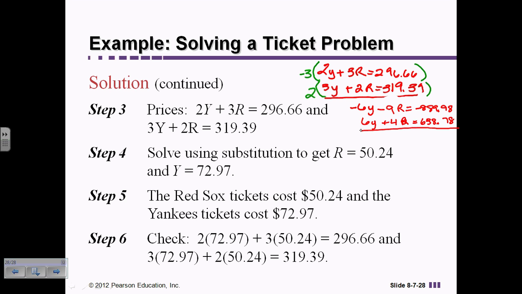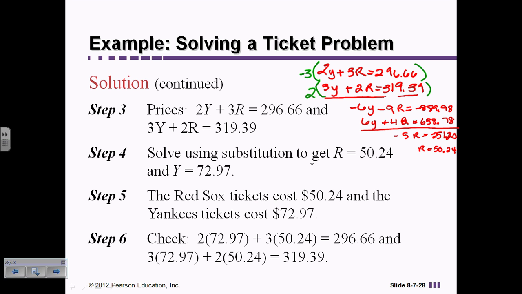And when I add these two equations together, I get -5r equals -251.20. So I get r equals 50.24. So that's telling me that the Red Sox tickets are going to cost $50.24.